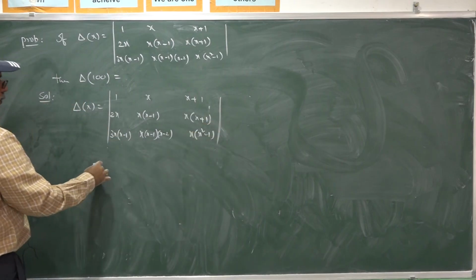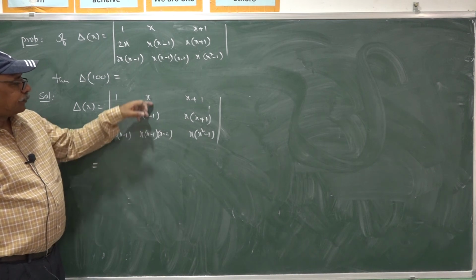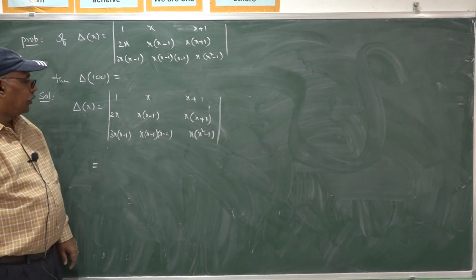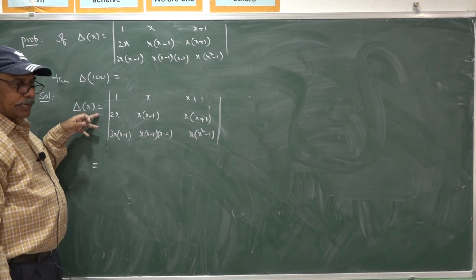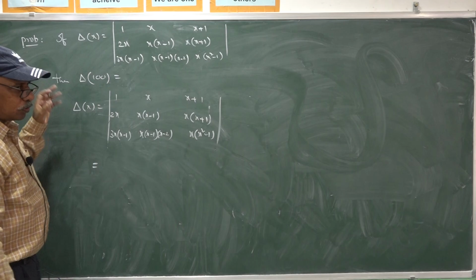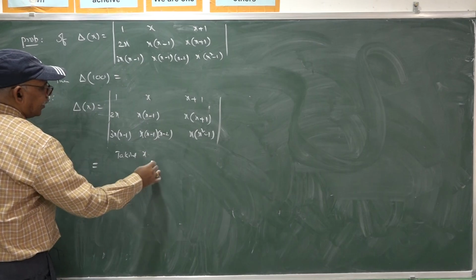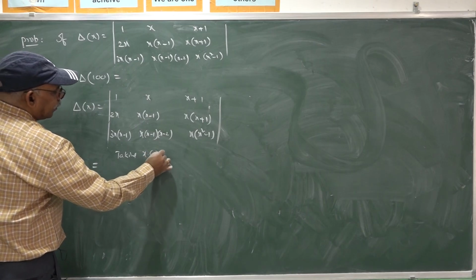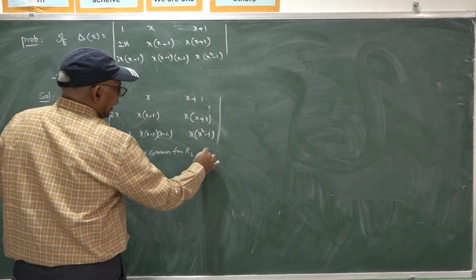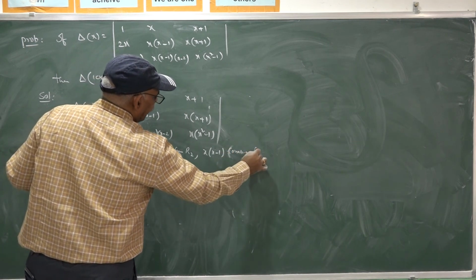Clearly you can take x as common from the second row, and x into x minus 1 common from the third row. Taking x common from R2, x into x minus 1 common from R3.